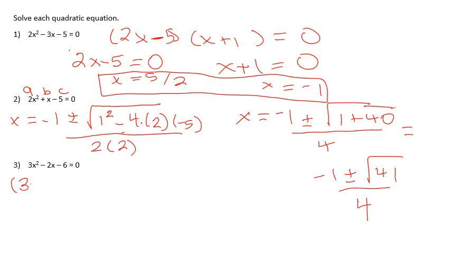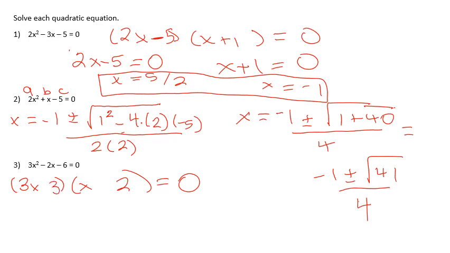All right, so let's see if this one will factor. I've got 0, so I can use the zero product property here. 3x times x makes 3x squared. I need it equal to 0 on that side. 6 is 2 and 3, or 6 and 1. So let's check 2 and 3.